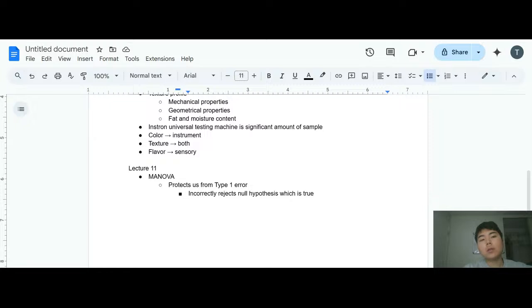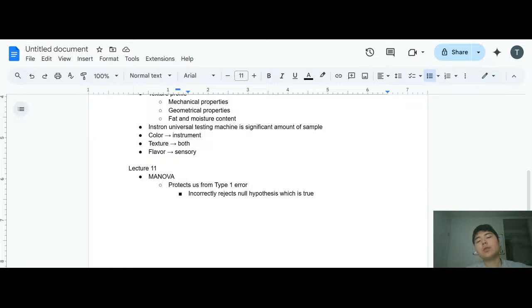No, false positive. Why? Rejecting the null hypothesis means positive, so type 1 error is a false positive. Actually, there is no significant difference among the properties.